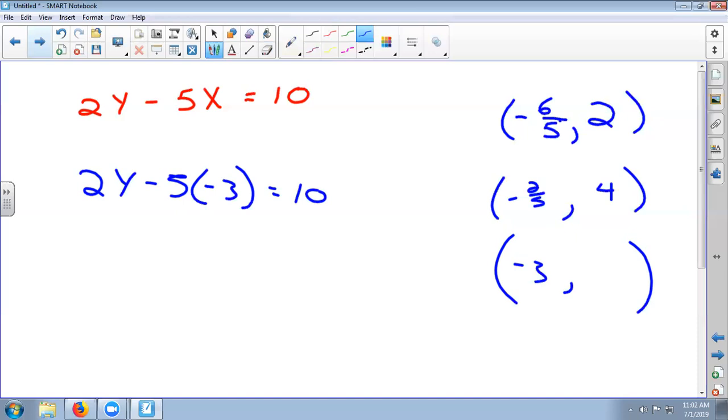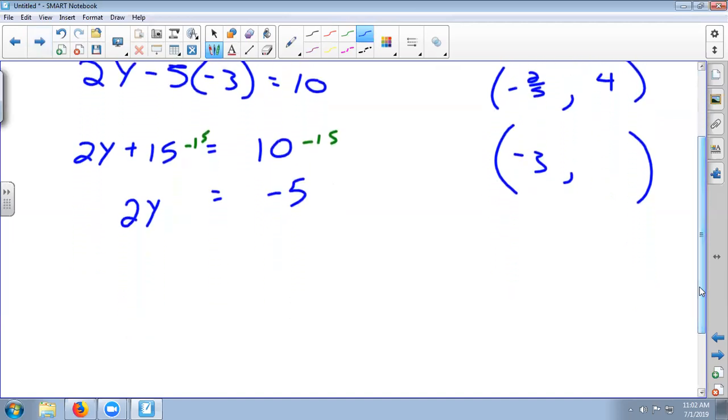Plus 15. 2Y plus 15. Subtract 15 from both sides. Y equals -5. Divide by 2. Get Y by itself. Y equals -5 halves.